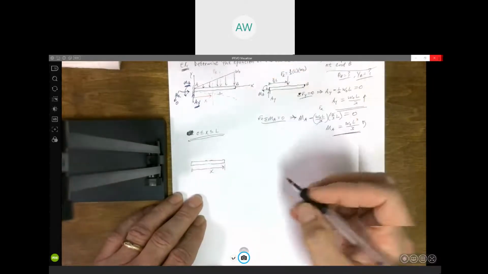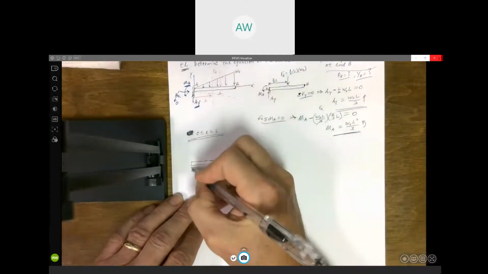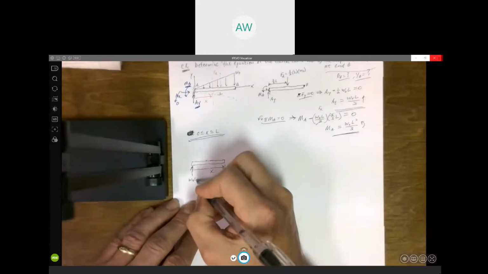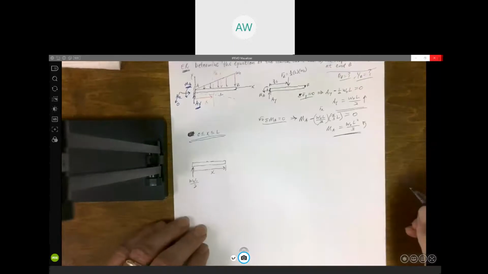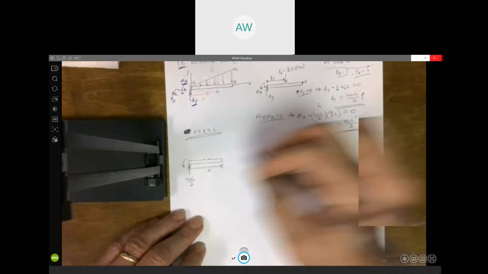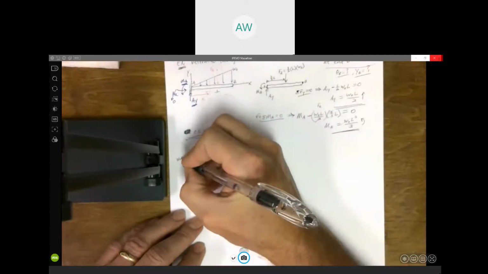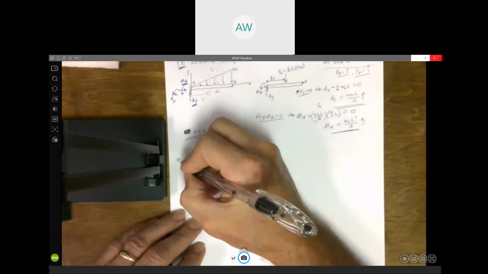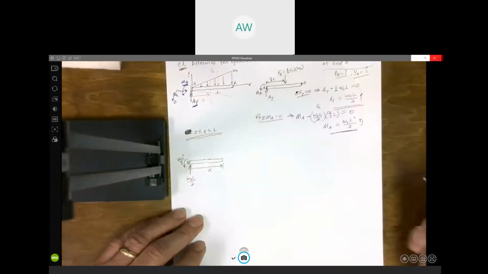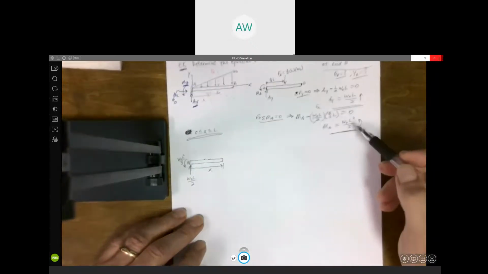That's where we cut it. Here at A, we found AY was W naught L over 2. We found MA was W naught L squared over 3. Yeah, that's just my support reactions that we found up there.